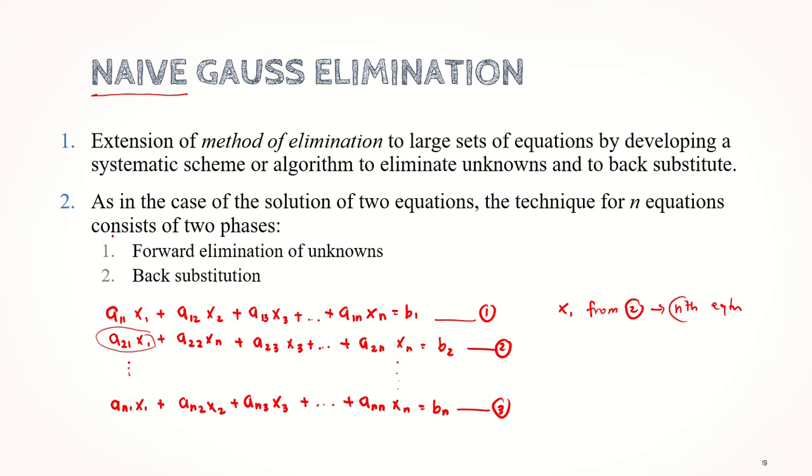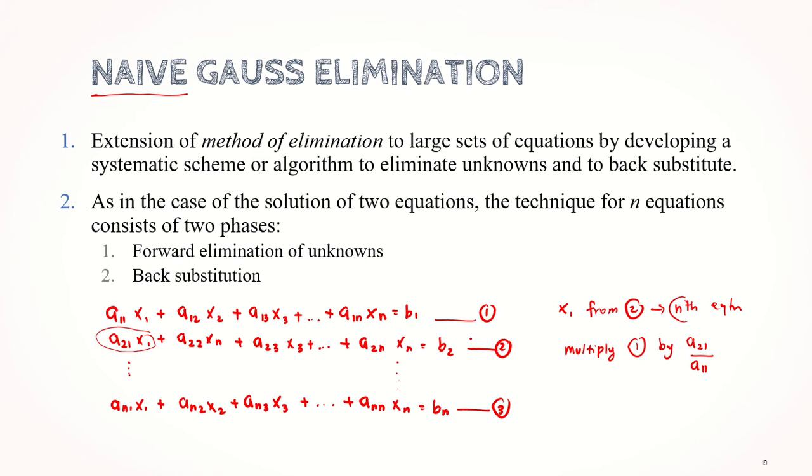How are we going to eliminate this particular value? Because we are going to subtract it from equation 2, we need to make sure the coefficient of x1 in equation 1 can be cancelled out. So multiply equation 1 by a21 divided by a11.